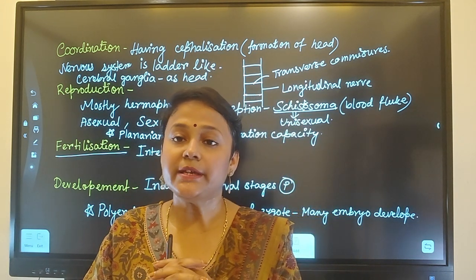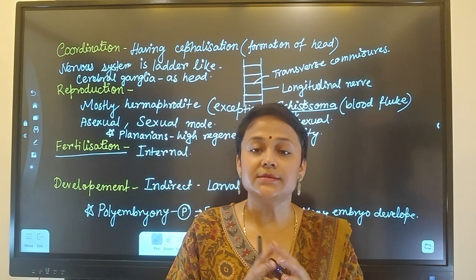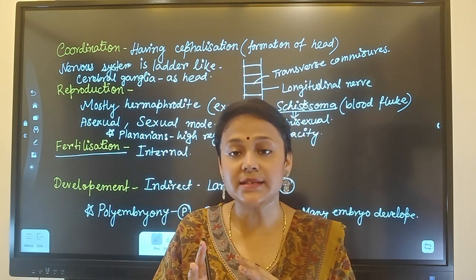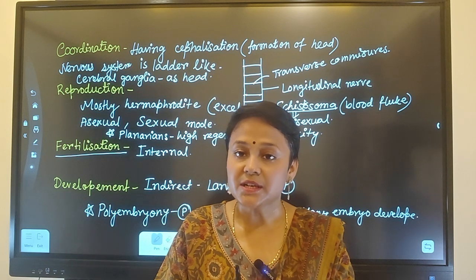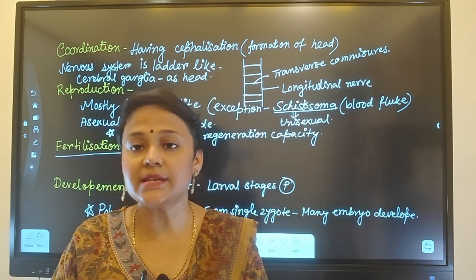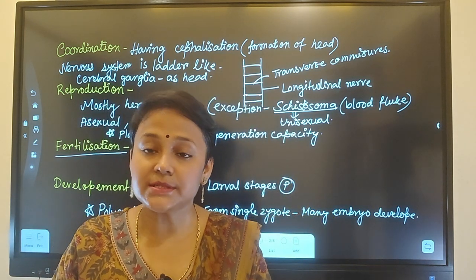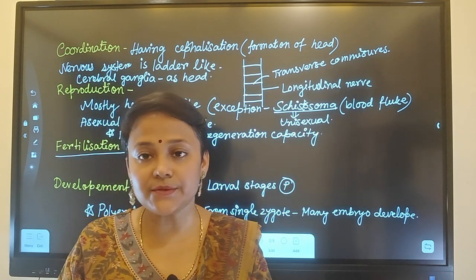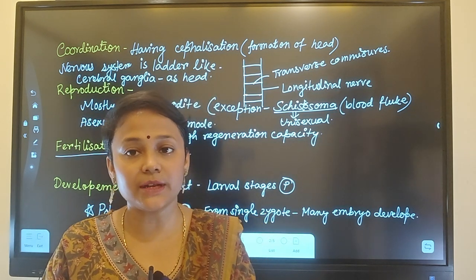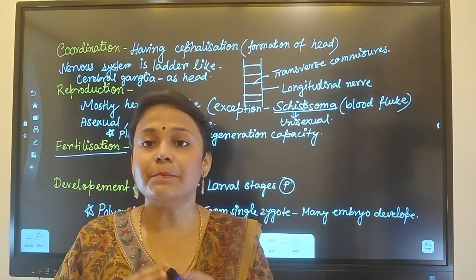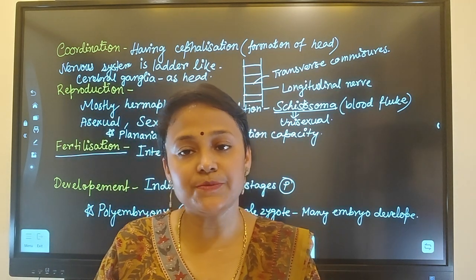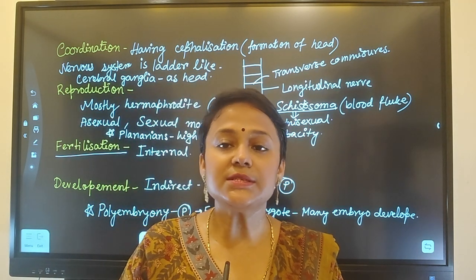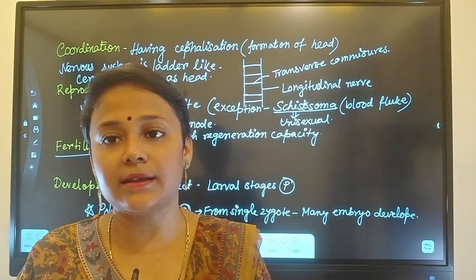Now the excretory system is basically flame cells, which is also called protonephridia. The respiratory system is absent. The digestive system is absent in the endoparasitic form, but present in the free living form, and it is blind sac type, right? For the nervous system, cephalization is present. The nervous system is ladder like, not net like.